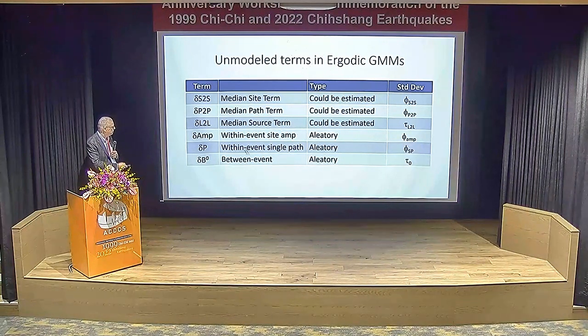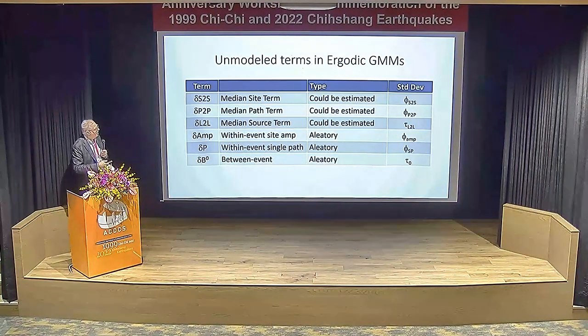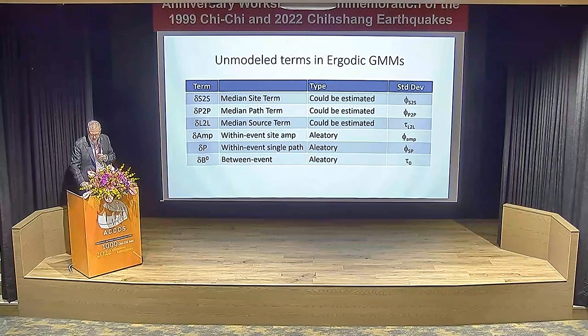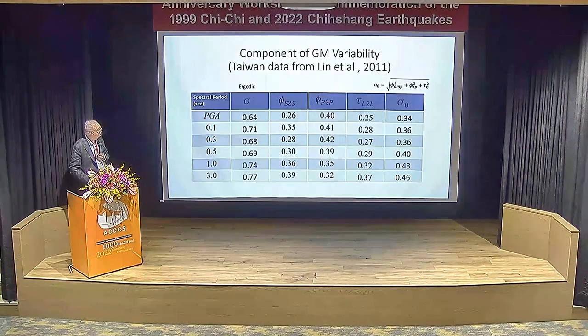Even this other stuff that's more complicated here, theoretically we could get at it, but it's not practical to get at these just yet. Okay, so these are treated as aleatory terms, and we have all these pieces. So I want you to think about the conscious decision that's made by the ground motion modeler to include or not include effects. Okay, and that determines what we treat as aleatory and what we treat as epistemic.